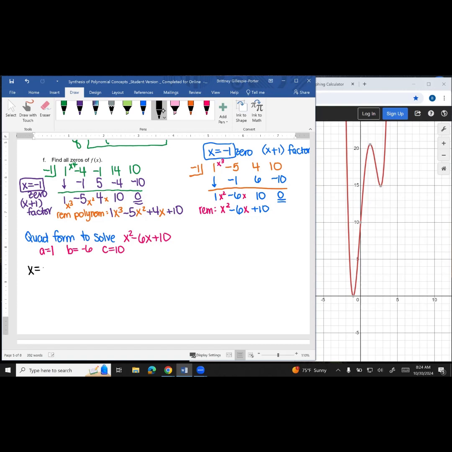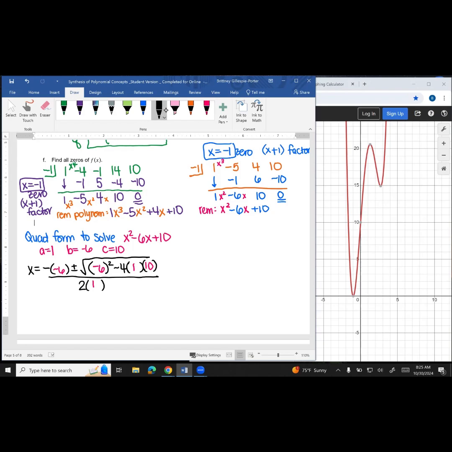So x is equal to the opposite of b, which is negative 6, plus or minus the square root of b squared, so negative 6 squared, minus 4 times a, which is 1, times c, which is 10, all over 2 times a, which is 1.